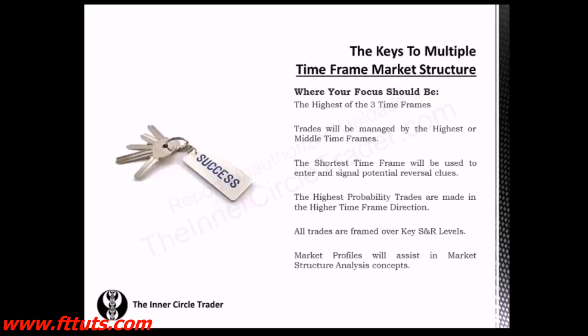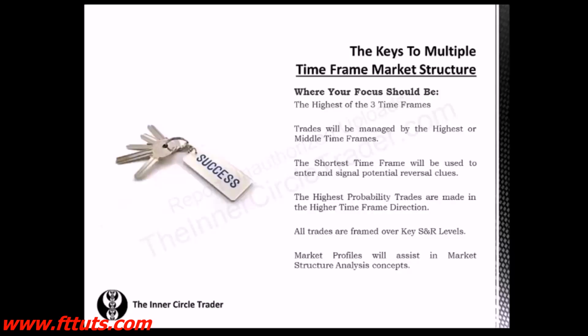The highest probability trades are made in the higher time frame direction. Now, there are going to be instances where the higher time frame premise may be bullish, but you're approaching a key resistance level, so that may be trumped. That's where we're going to go back to the core essentials of technical analysis, that being support and resistance trumps everything.